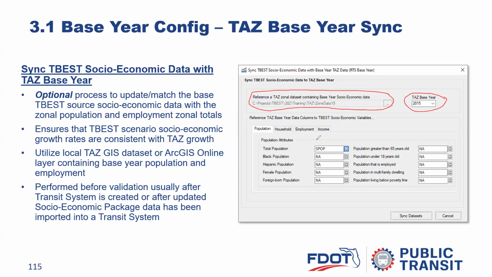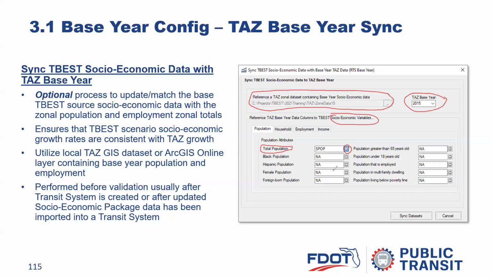Then for all of the TBEST attributes, or the socioeconomic variables in TBEST, you look for the total population value from the TAZ data set. This lookup button will look up all the field names in this zone data shapefile, and you find the one that matches total population, that is for the base. And you do that for the household variables, employment, and income.